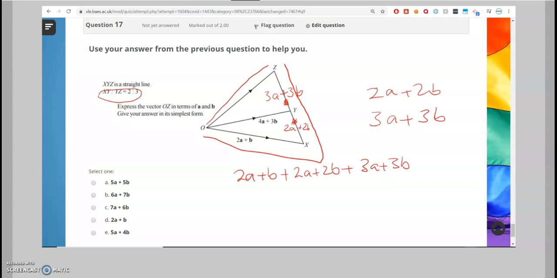So we can collect the like terms. We have 2a and 2a and 3a, which makes 7a. We have b and 2b, 3b, and 3b, 6b. So 7a plus 6b is the correct option.